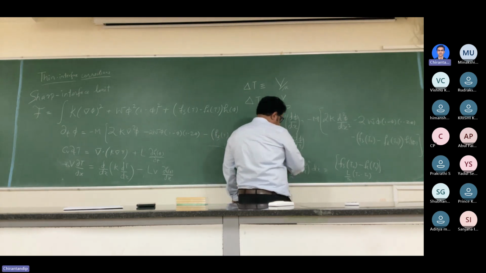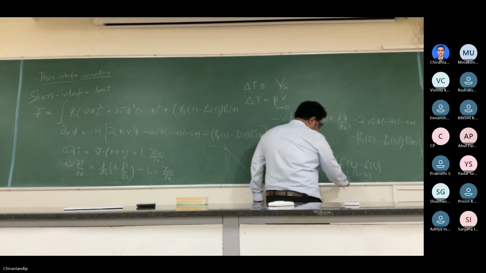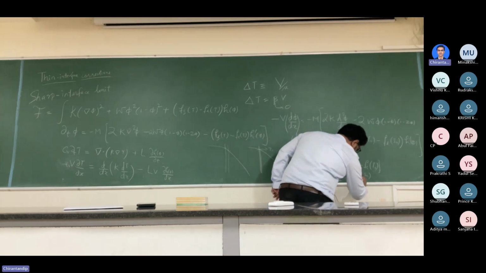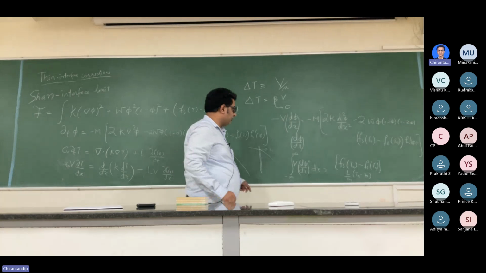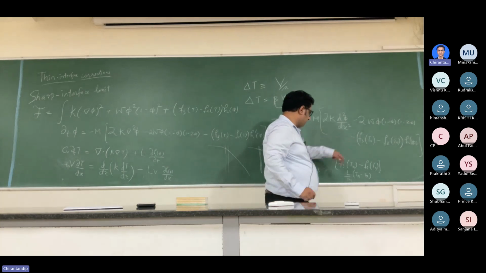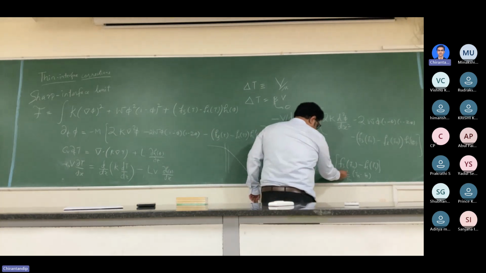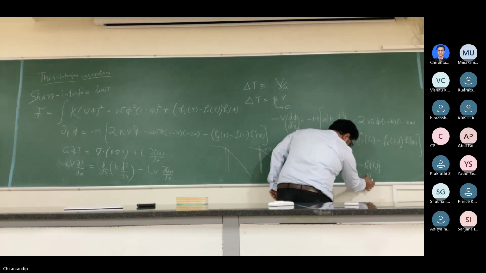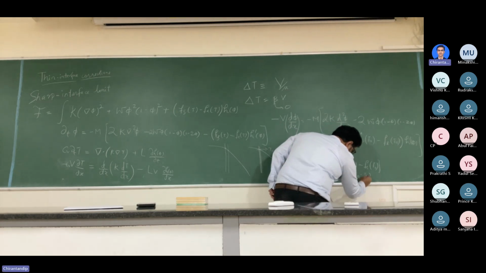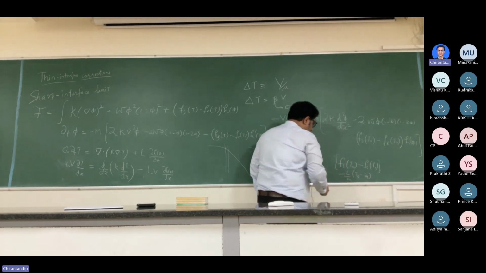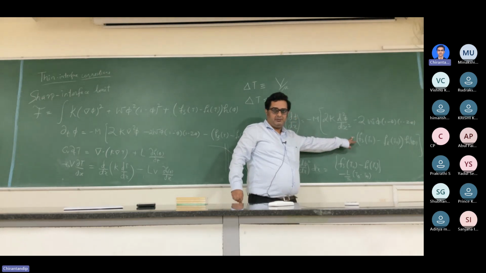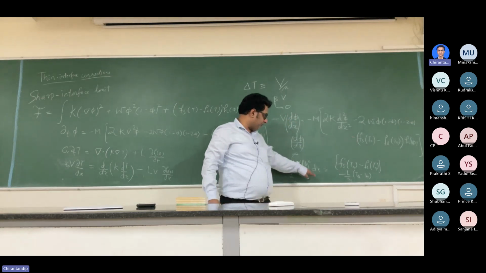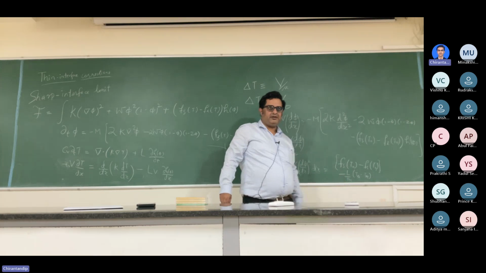This negative sign and this minus will cancel, so you will still have a minus sign. This and this will be positive. This negative sign I'm carrying over to this side. All right.